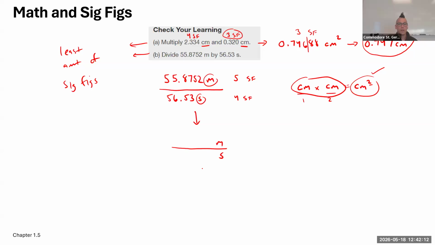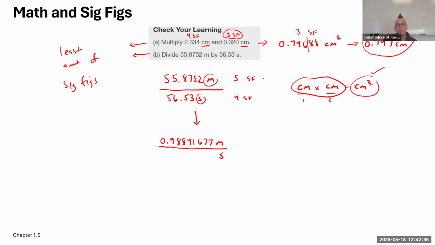Type that into your calculator, 55.8752 divided by 56.53. I got a big, long number. I'm going to just report a few extra digits. 0.9884167. All right.